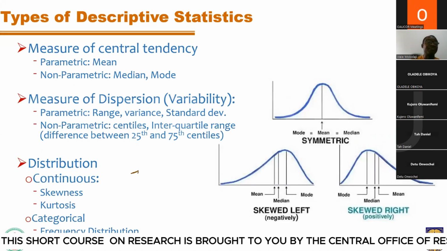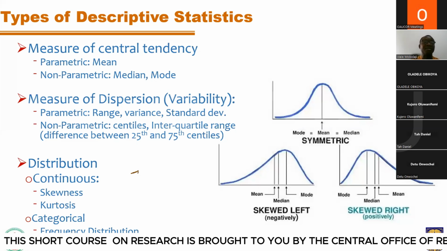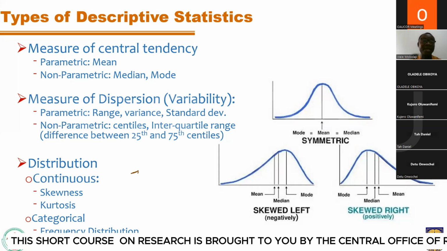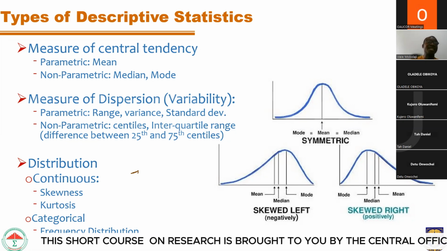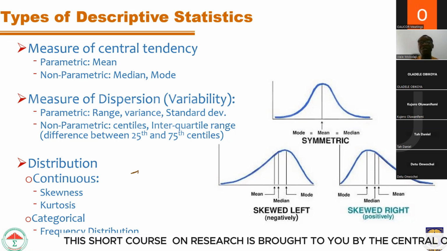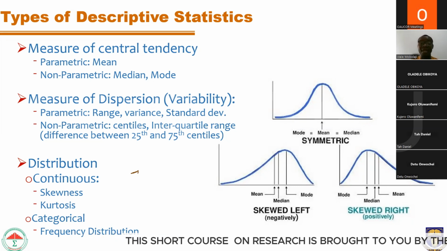Then for other descriptive analysis, people look at the measure of central tendency, like parametric, I've mentioned this, and non-parametric, median, and mode. And when we are describing the data using parametric tests, as you use measure of central tendency, you are also supposed to use the measure of dispersion. A good example is the standard deviation alongside your mean.